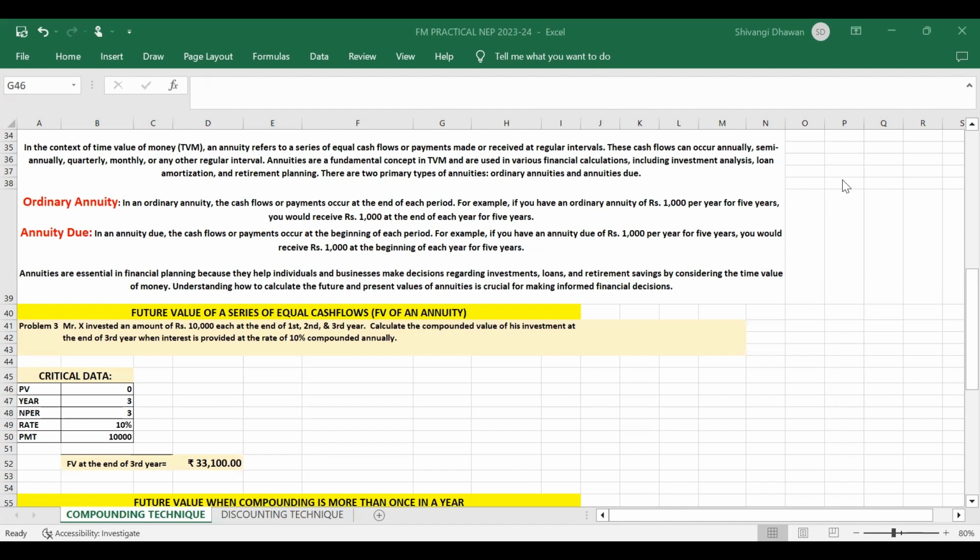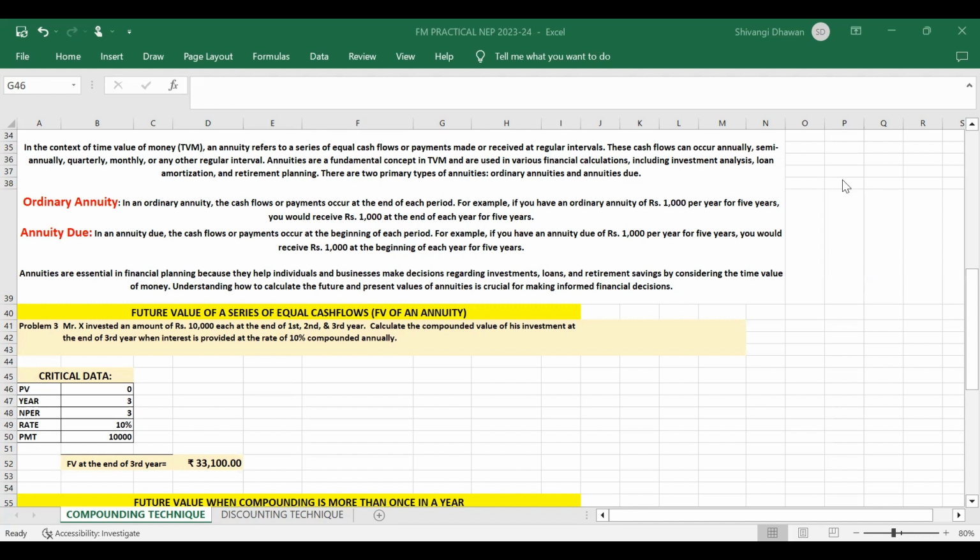Annuity due: in that case, the cash flows or payments occur at the beginning of each period. For example, if you have an annuity due of rupees 1000 per year for 5 years, you would receive rupees 1000 at the beginning of each year for 5 years.